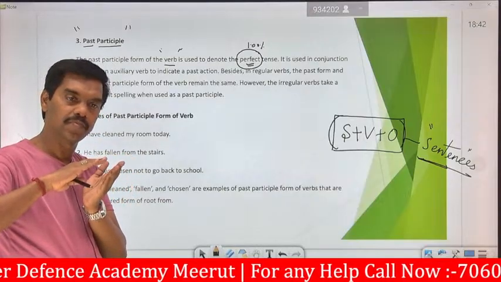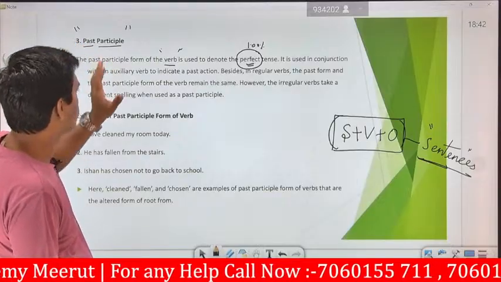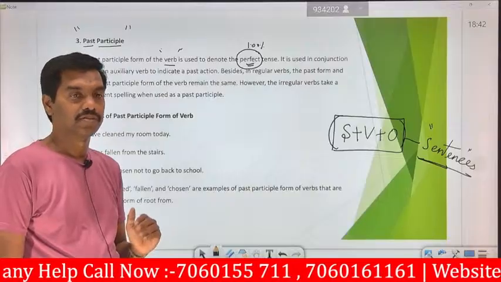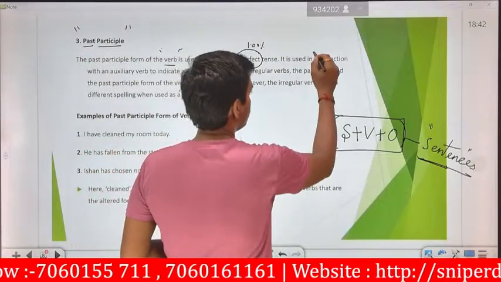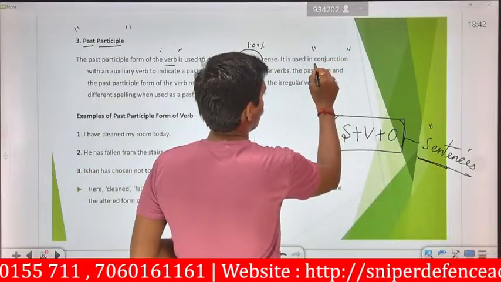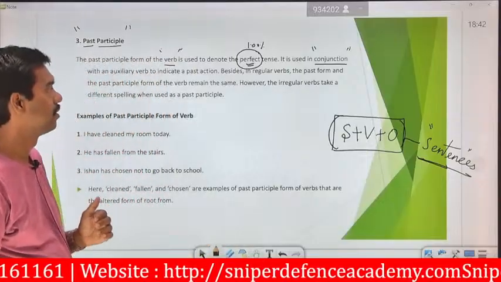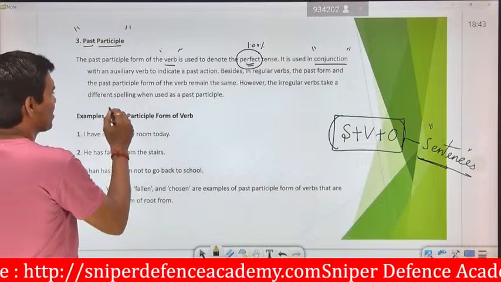And what is the use of this past participle? It is used in conjunction. What is conjunction? We will see that in the upcoming classes. It is used in conjunction with auxiliary verbs.